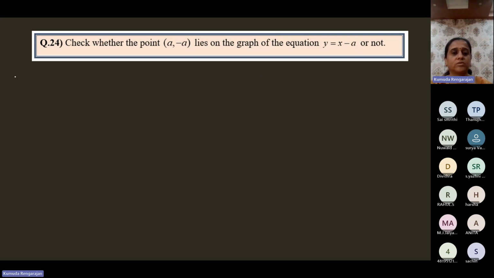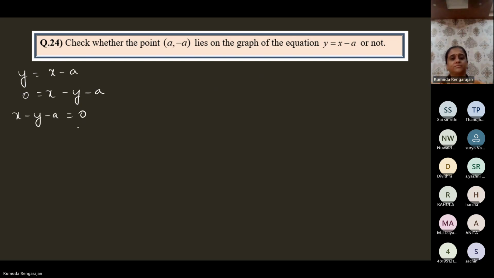So the equation is y is equal to x minus a. In the standard form, we have x minus y minus a is equal to 0. I've written the equation in the standard form, with the x term, y term, and the constant all on one side, equal to 0.